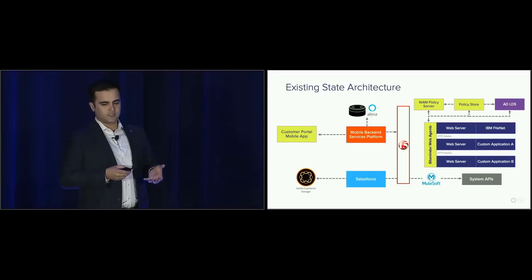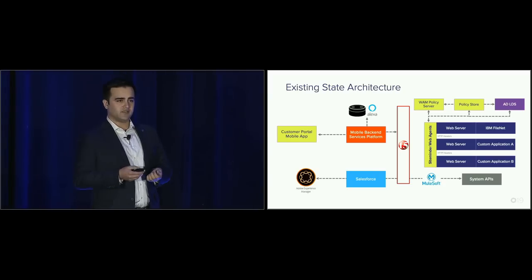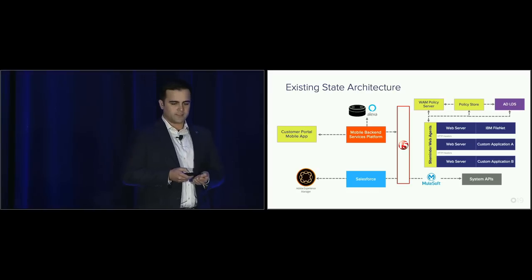They have the WAM policy server, policy store, the usual suspects, and then the AD LDS directory where the user settings are, about 4 million identities, so a pretty large deployment that has come about over the last 10, 15 years. They're really looking to clean up this design as much as they can. And for their backend, they had MuleSoft APIs.